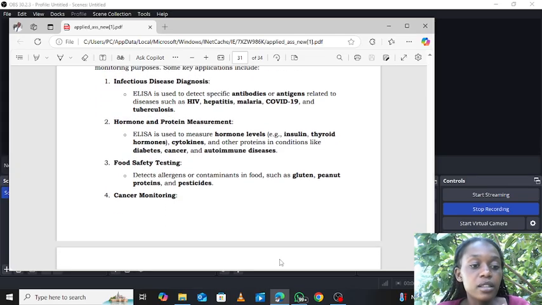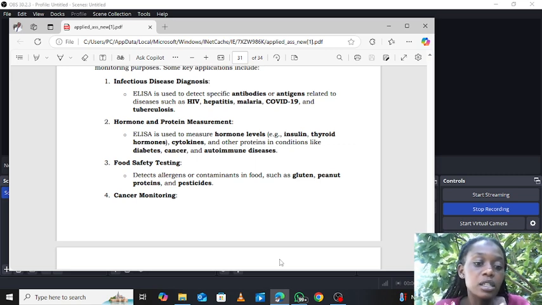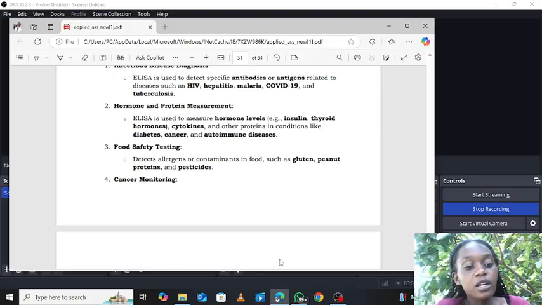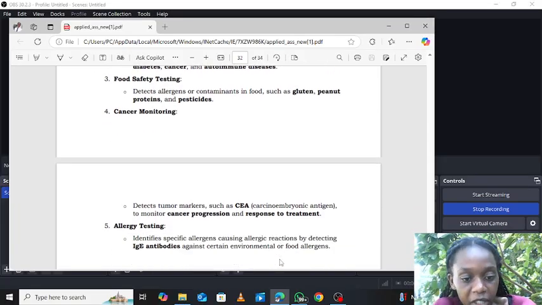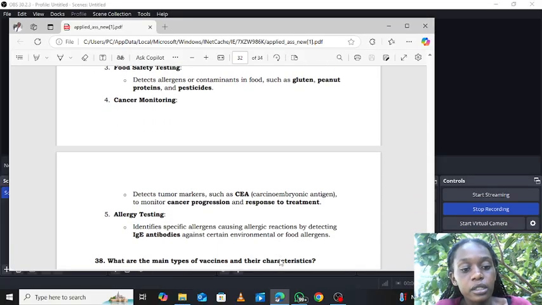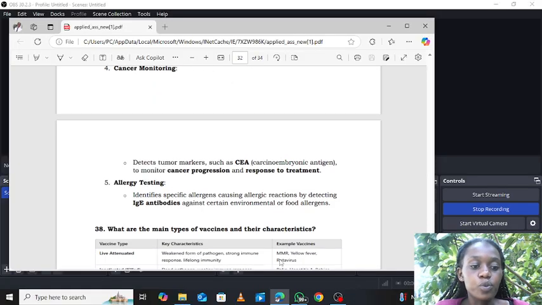And the third one, we have safety testing, where ELISA is used to detect contaminants in food such as proteins and pesticides. And here we use ELISA in cancer monitoring, to detect tumor markers such as CA to monitor cancer progression and response to treatment.